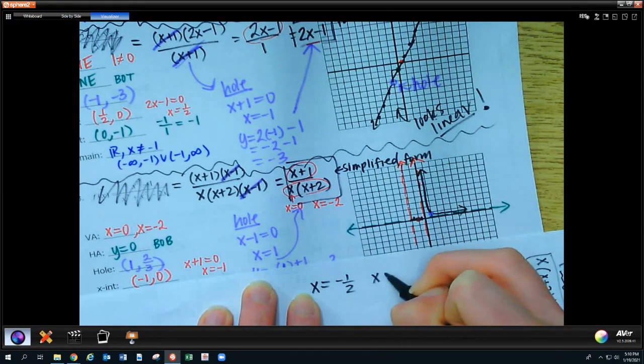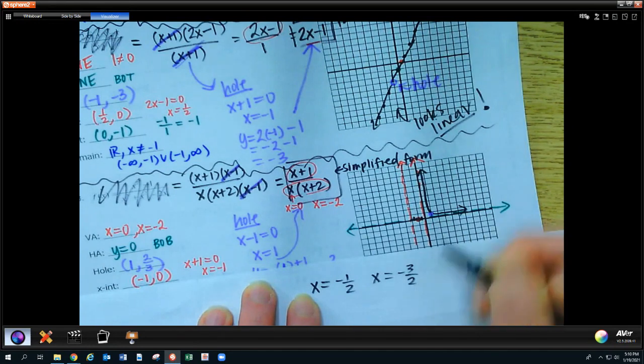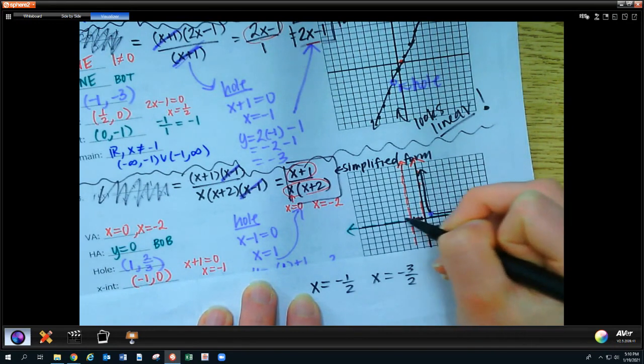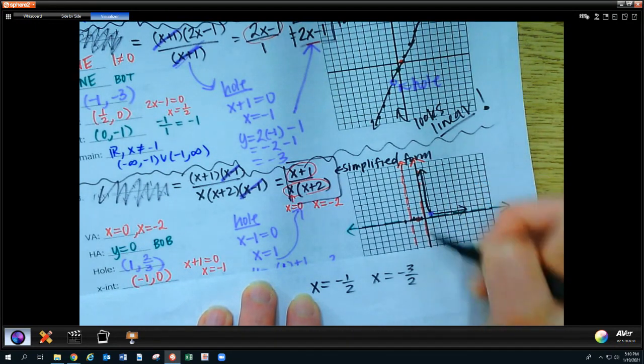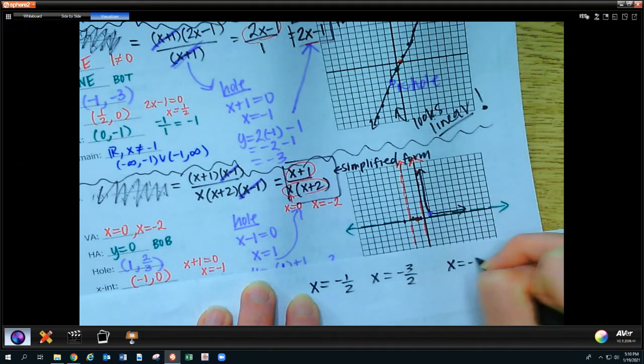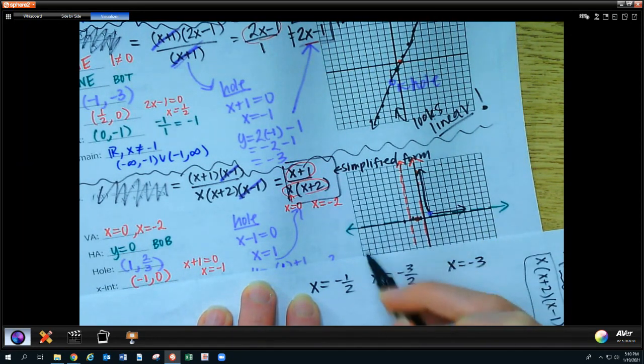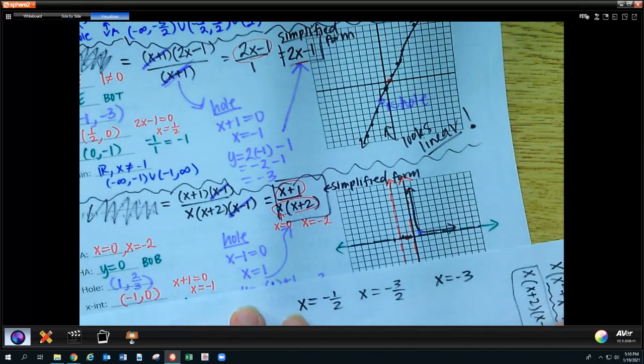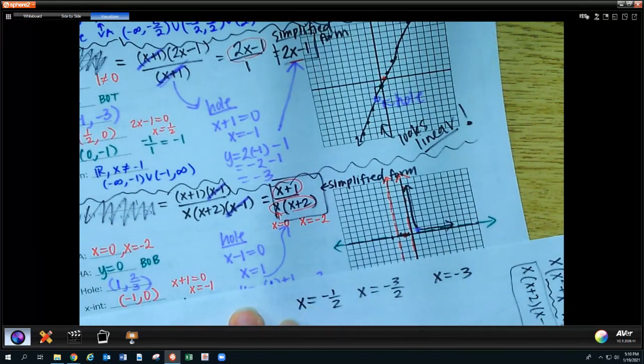I'm going to plug in x equals -3/2 to be right here. Then I'm also going to plug in x equals -3 for the last branch over here, okay? And so these two are for the middle branch, okay?